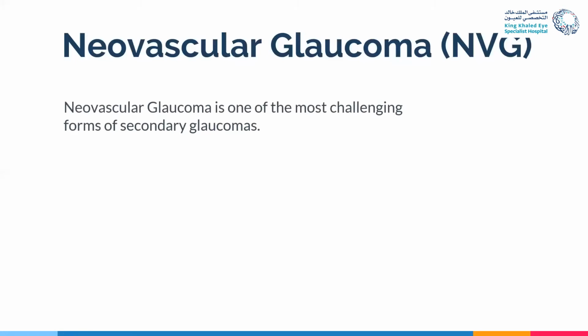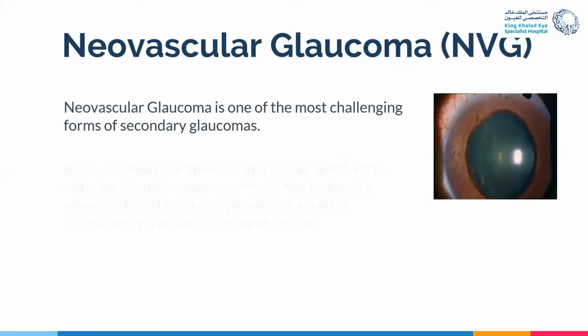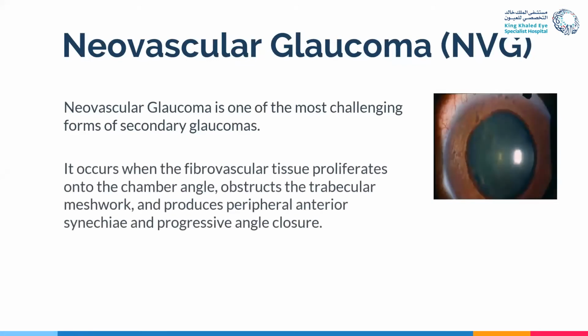So what is neovascular glaucoma? It is one of the most challenging forms of secondary glaucoma, and it occurs when the fibrovascular membrane proliferates on the iris and the anterior chamber angle, obstructing the trabecular meshwork, so preventing the aqueous from reaching its normal channels, leading to elevation of intraocular pressure.